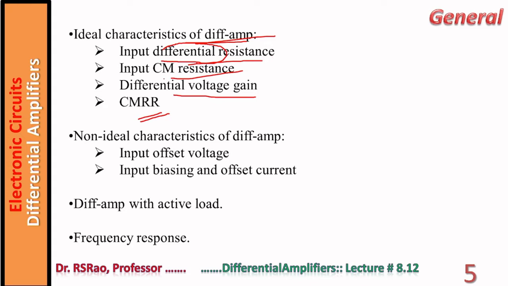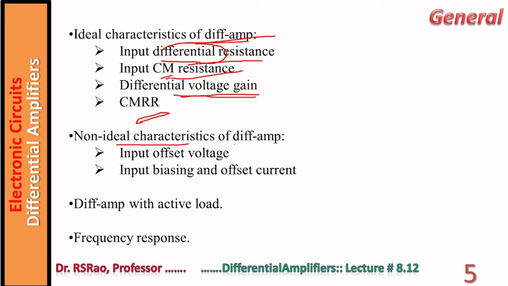Common mode resistance is the resistance offered by the amplifier for the common mode signal. Differential voltage gain is the gain provided by the amplifier for the difference signal. Common mode rejection ratio gives an indication of how effective the amplifier is in suppressing the common mode part of the input signals.